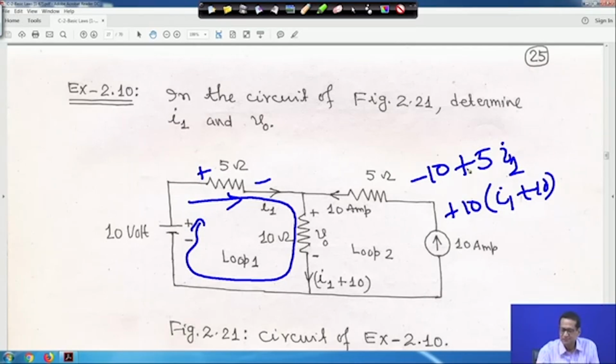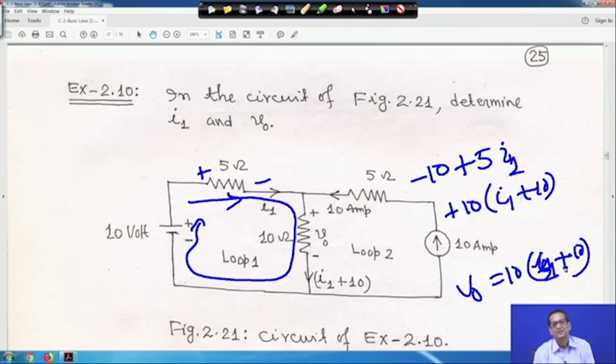Or this equation also can be written as minus 10 plus 5 I 1 plus V 0, and V 0 is actually the current entering into the positive terminal, I 1 plus 10, so it will be 10 into I 1 plus 10, and this is equal to 0, right. When I am writing equations many times, if by chance I miss the 0 on the right hand side, you forgive me.